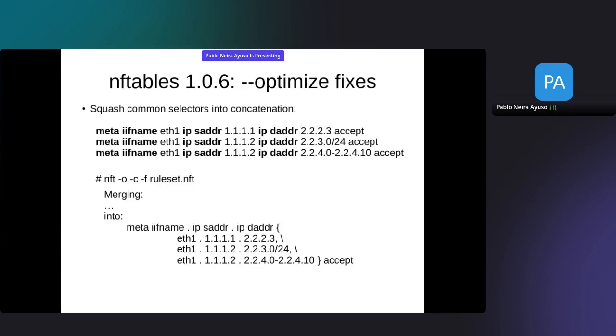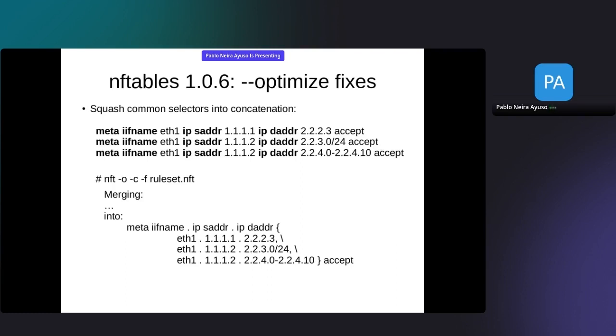NFTables 1.0.6, we got fixes and improvements for the dash optimize option that is basically providing hints to users that are migrating from iptables. This rule set above is quite iptables-ish.